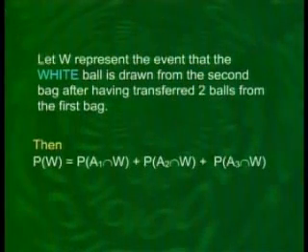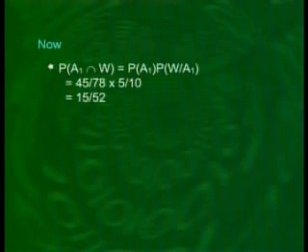And as you now see on the screen, mathematically speaking, the probability of a white ball is equal to probability of A1 intersection W plus the probability of A2 intersection W plus the probability of A3 intersection W. Probability of A1 intersection W means the probability that the event A1 occurs and a white ball is drawn from the second bag.